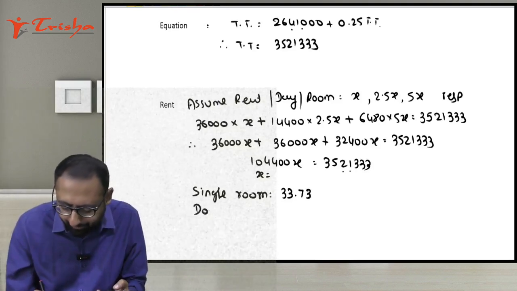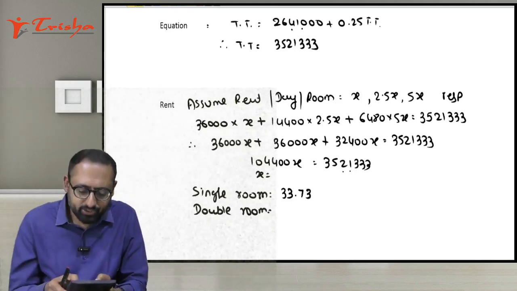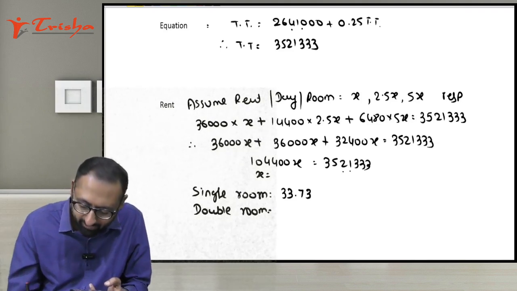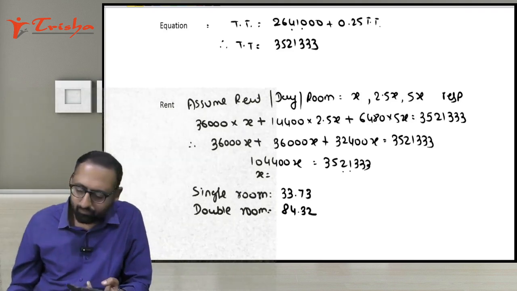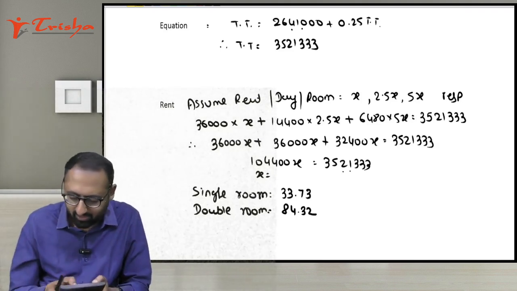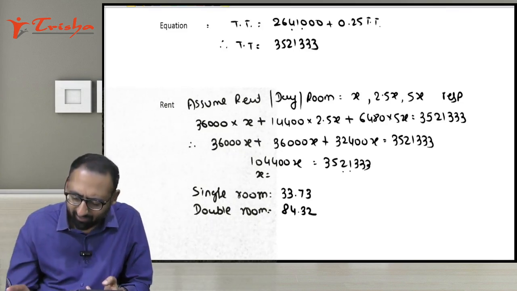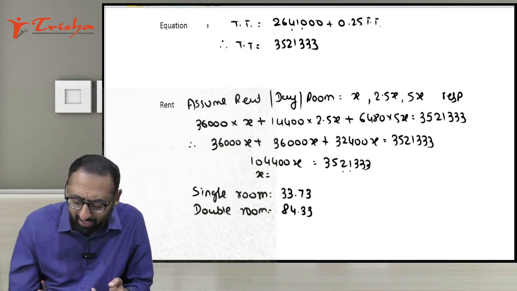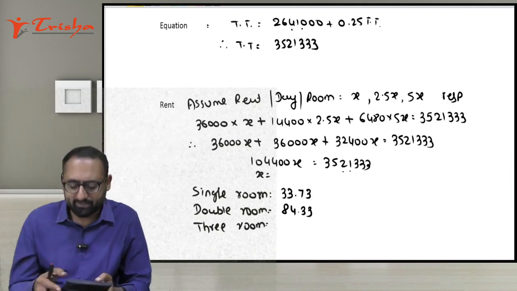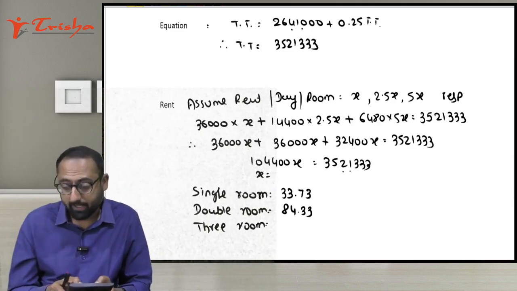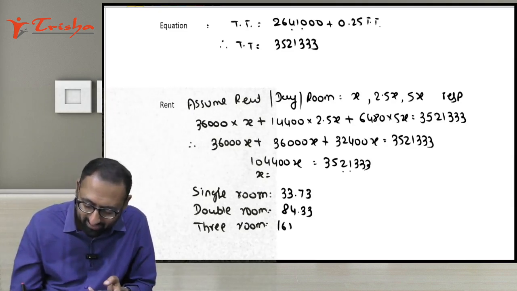Double room will be 2.5 times, so 33.73 multiplied by 2.5 is approximately 84.33. And the triple room suite will be 5x, so 5 multiplied by 33.73, your answer comes to 168.65.